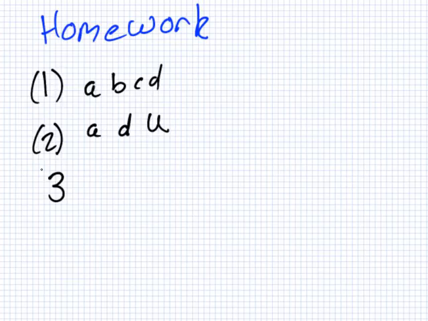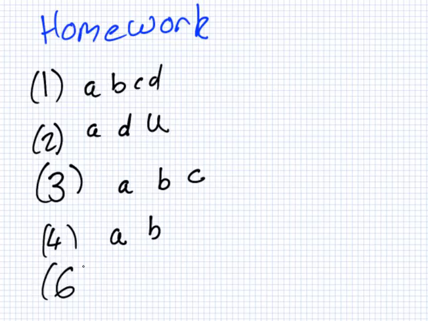Show some mercy on your poor teacher. 3, A, B, C. 4, A, B, and 6. Okay, please write those down so I can close it. You can start them now for a few minutes, I think. Yeah, just do these for 5 minutes.